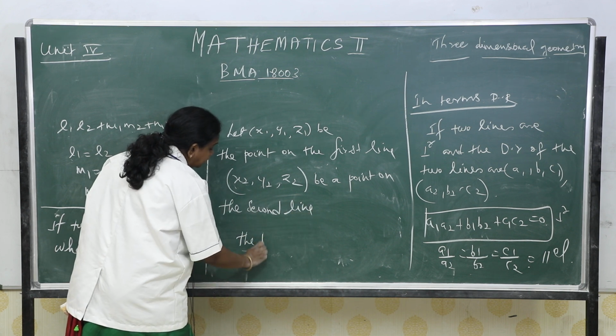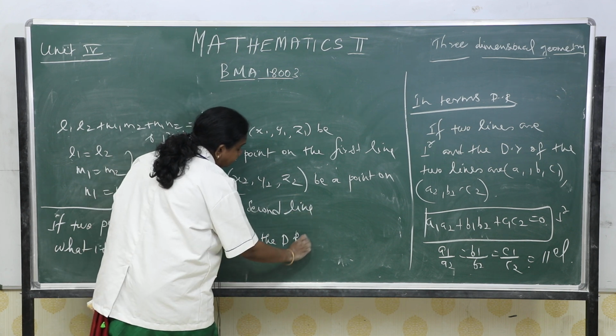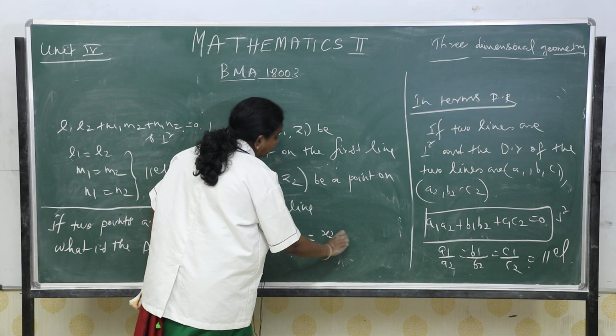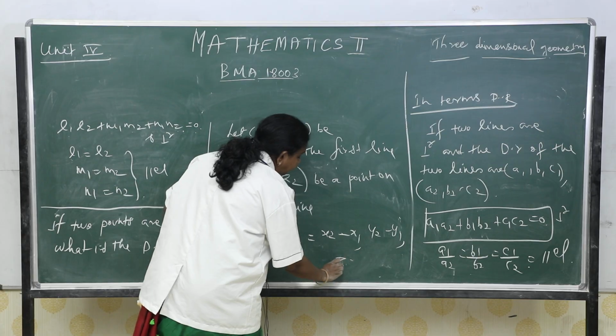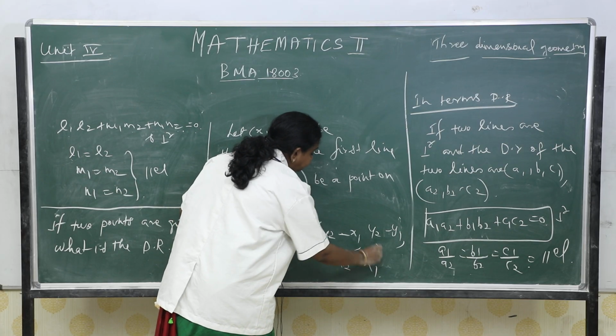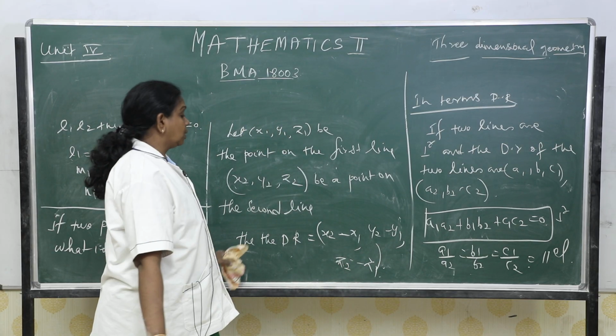Then the DR is x2 minus x1, y2 minus y1, z2 minus z1. Now we will look into some problems in this.